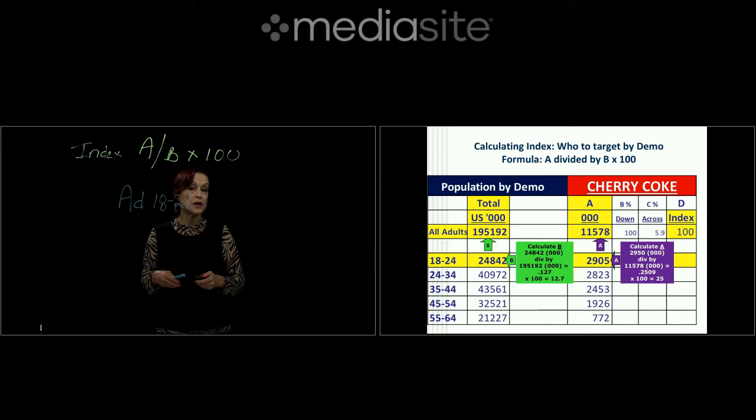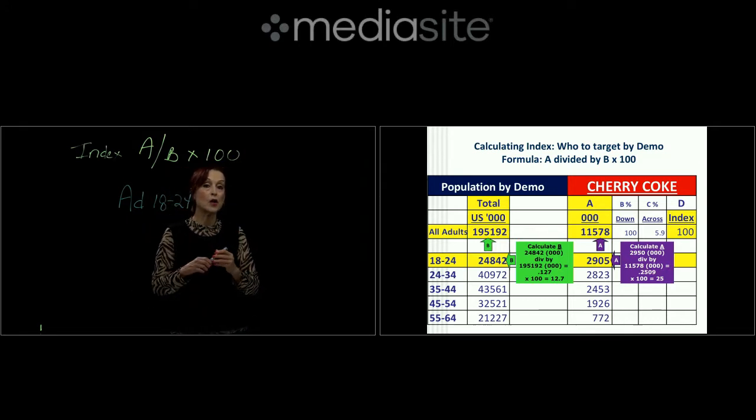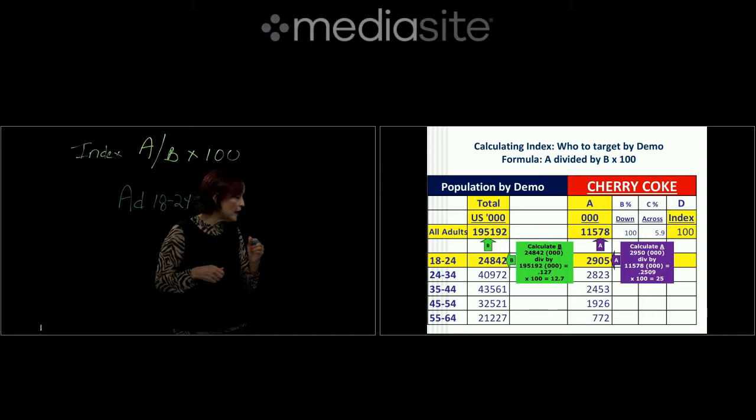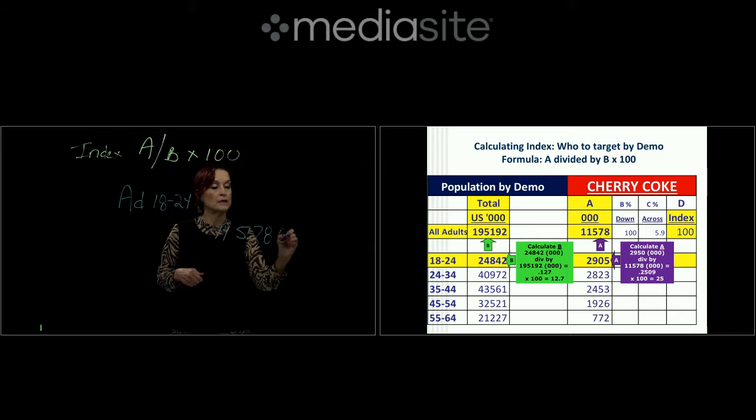Now, back to the cherry Coke column A to calculate. If you look at that column, the total number of adults that drink cherry Coke is 11,578,000 people.